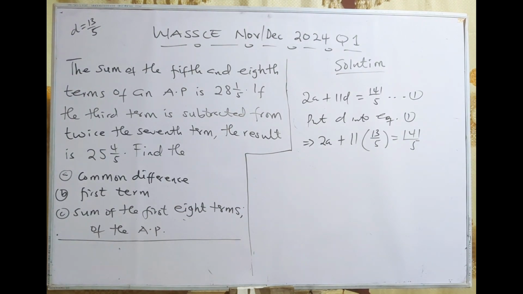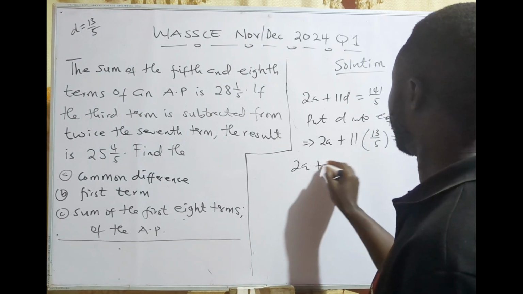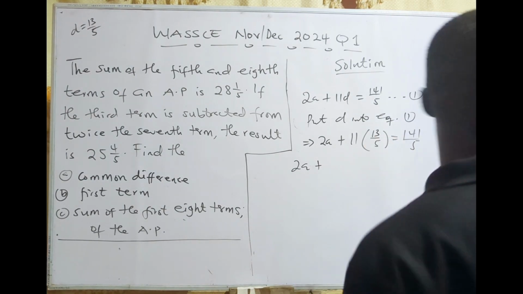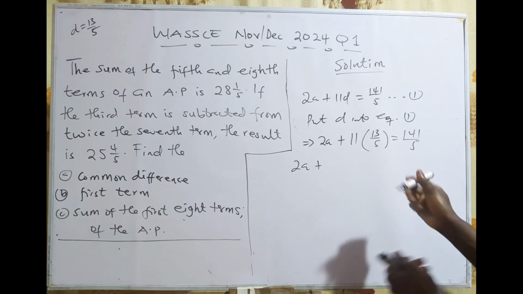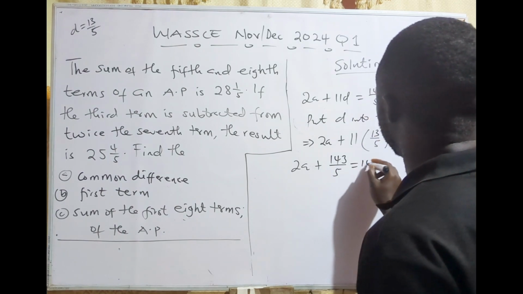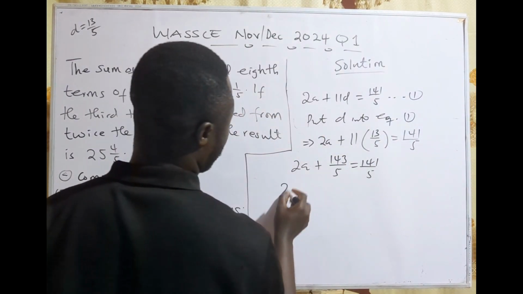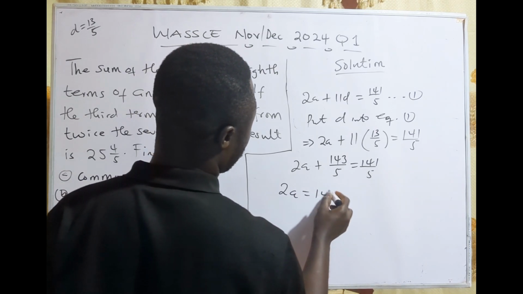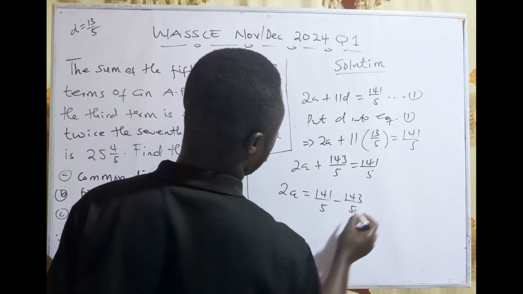So we have 2a plus 11 times 13 on 5. That will give us 143 on 5, equal to 141 on 5. So our 2a is going to be 141 on 5 minus 143 on 5.